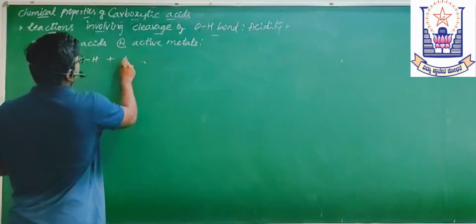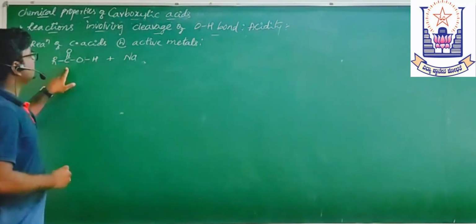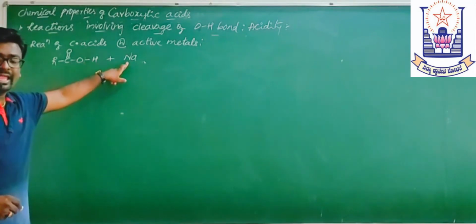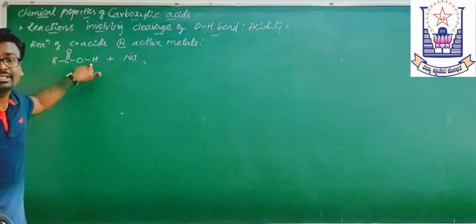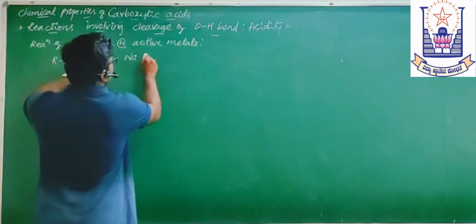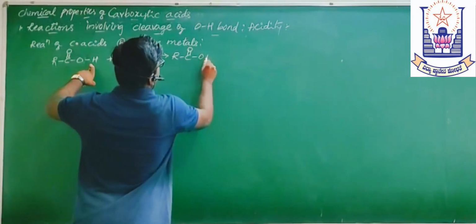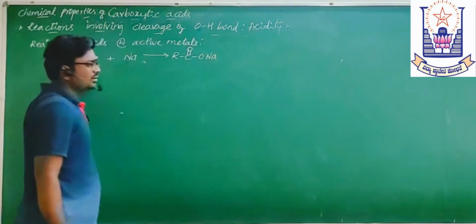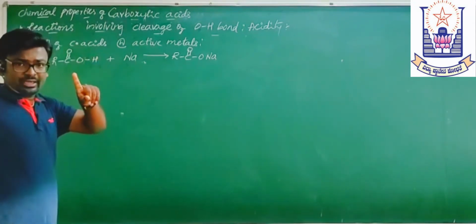It is treated with sodium metal. This active metal immediately reacts and replaces the hydrogen to become a sodium salt of carboxylic acid. How many hydrogens are coming? One hydrogen.